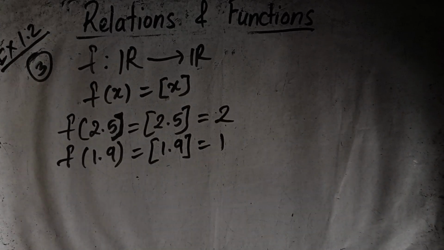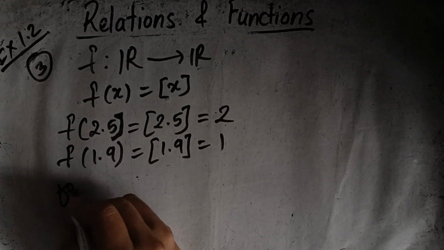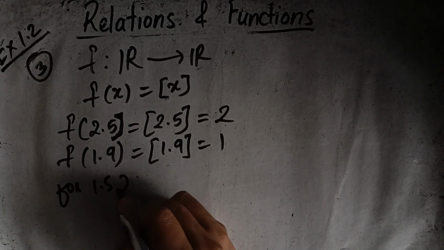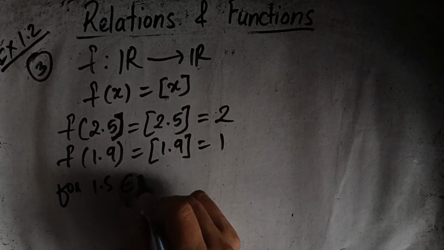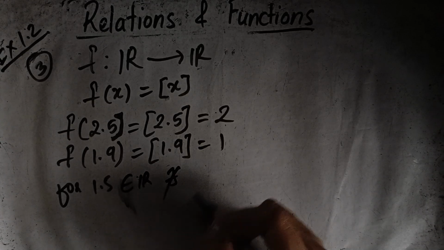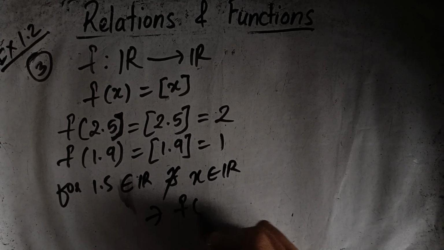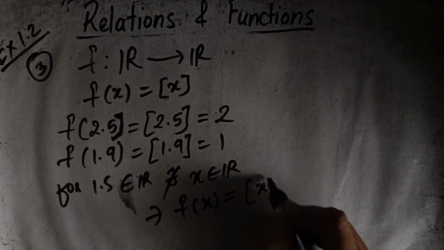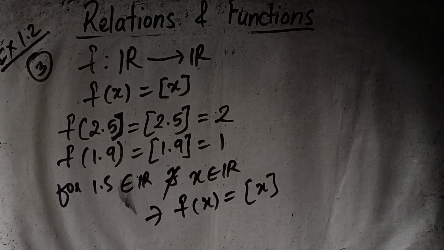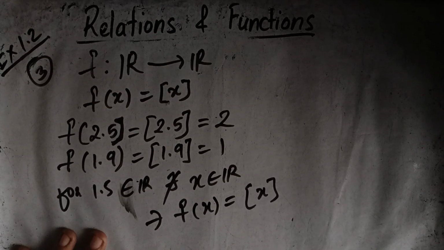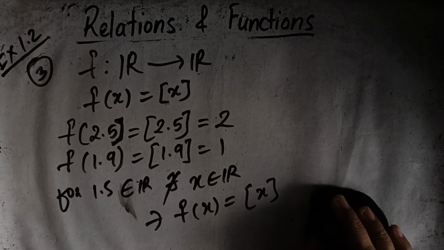So you can write that for say 1.5 belonging to R, there does not exist any x belonging to R such that f of x is equal to greatest integer function. So it is not 1 1 nor onto.